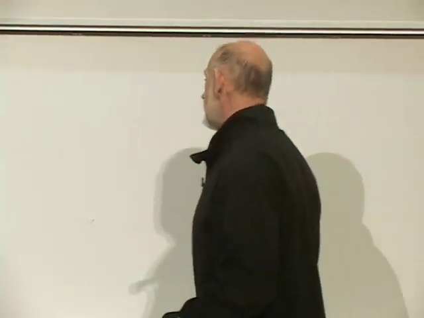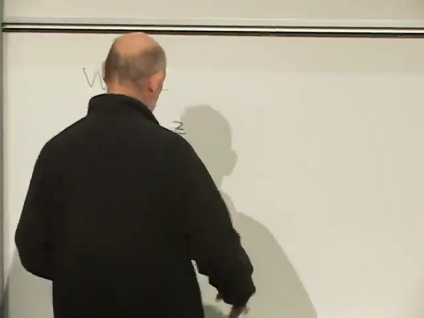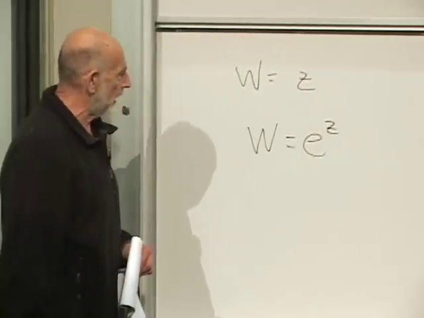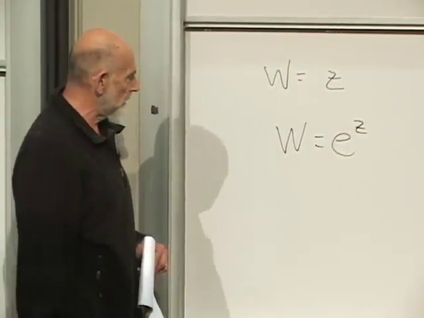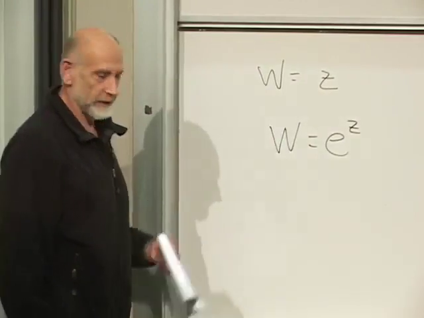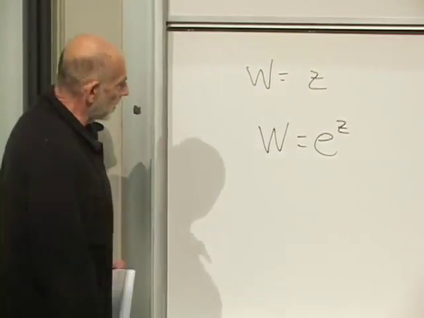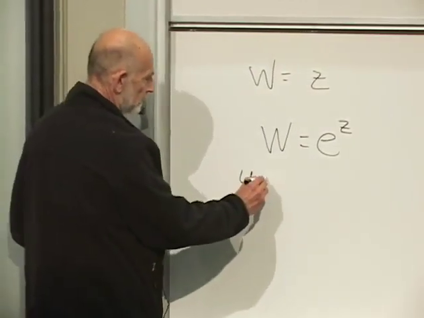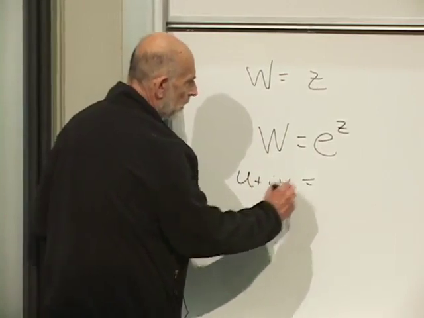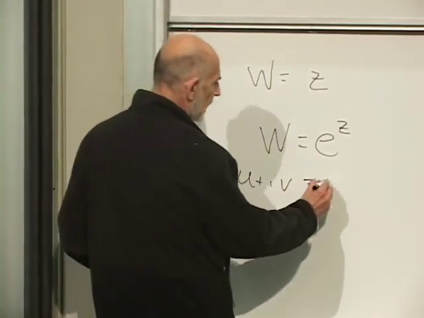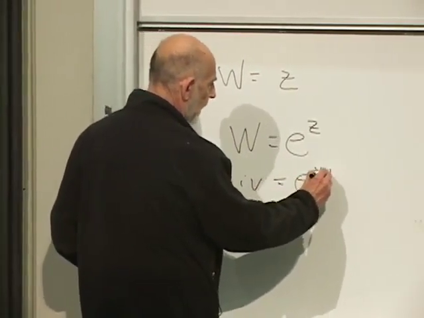Okay, but let's try W equals e to the z, just to learn the experiment around and to unrust your use of complex numbers. All right, so W then is U plus iV, right? What is e to the z? E to the z is e to the x plus iy.